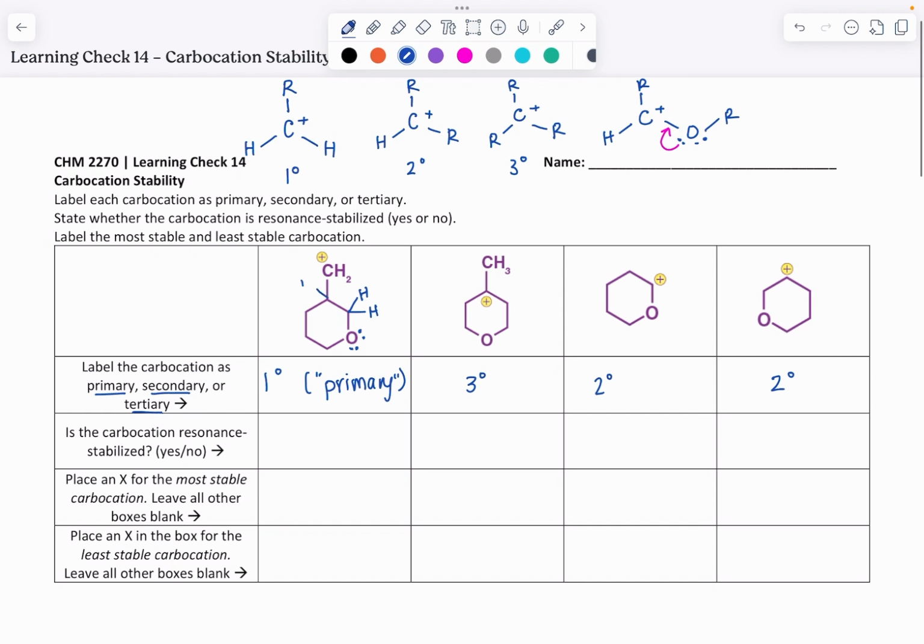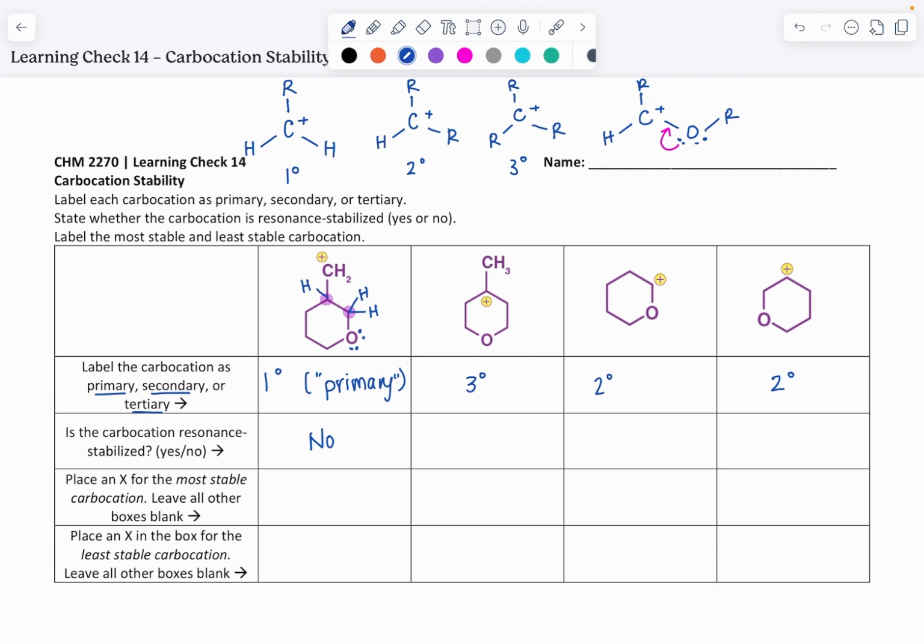We actually have another one in between the oxygen with lone pairs and the carbocation. So let's do some highlighting. These two carbons are sp3 carbons. They cannot resonate any electrons. They can't accept any electrons. So there is no way for a lone pair to get up to this carbocation. So this is not stabilized by resonance. And this is what we will look for in each molecule.